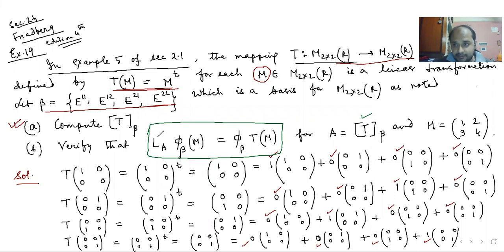The LA function which is being constructed over here is with respect to the matrix capital A, and M, the matrix on which capital T is being applied, is the matrix given as 1 2 3 4. So we are going to verify. Verify means, if I consider this part as left hand side and this part as right hand side, we are going to check whether the left hand side is indeed equal to the right hand side or not.